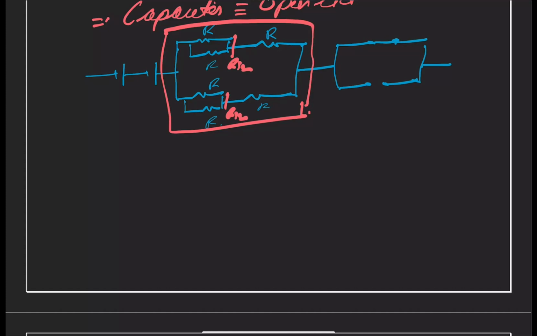This R by 2 is in series with this R, and this is also in series with R, and both now come as parallel resistances.